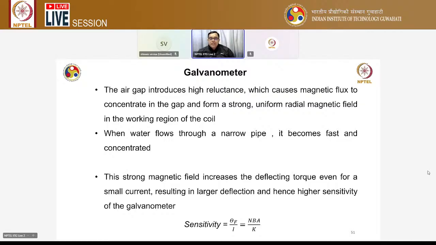You can understand this with the analogy of water flowing through a narrow pipe: it becomes fast and concentrated. Exactly that is happening here, and this strong magnetic field increases the deflecting torque even for a small current.